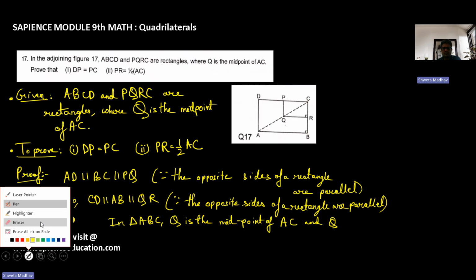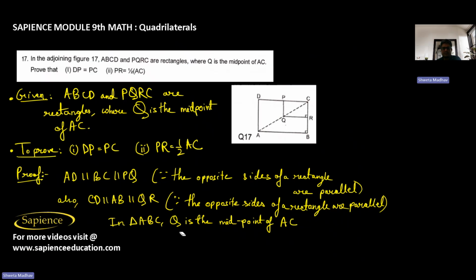The reason is that it is given. And QR is parallel to AB, since it is proved above.